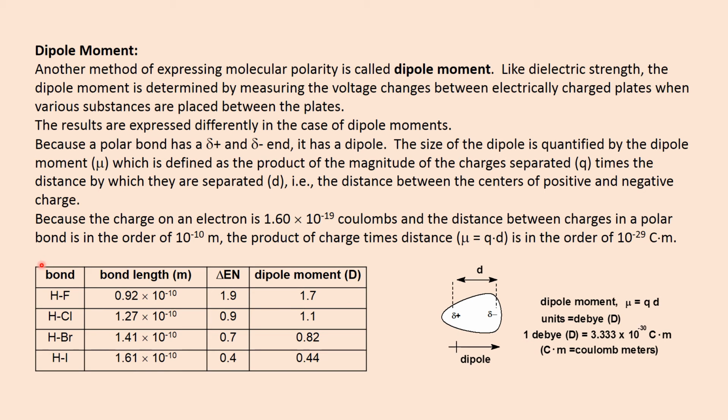Here's a brief table of some dipole moments of some polar bonds. Starting with the least polar hydrogen iodide, the difference in electronegativity is small, and so is the dipole moment. As we move towards more polar bonds like hydrogen fluoride, we have large differences of electronegativity. Likewise, the dipole moment and polarity are seen to increase.